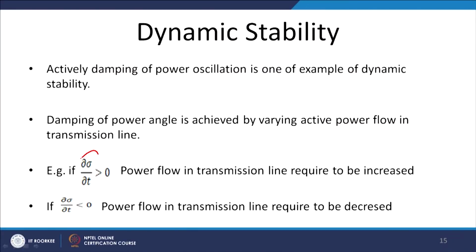In the same way, dynamic stability. If the system has a power oscillation and thus the torque angle oscillates, we require to damp out that oscillation actively, and that is also possible with FACTS devices. If this term is positive, it means that power is increasing, and considering that sigma is less than 90 degrees, then in that case we require to increase the transmission line capability.